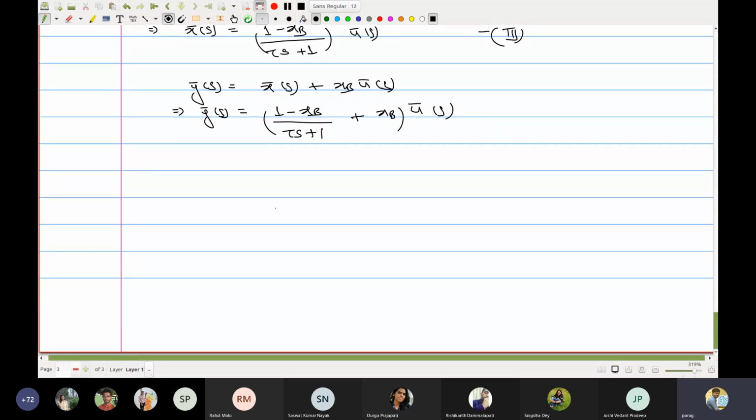So I can write y bar of s by u bar of s as 1 minus xb plus tau xb, what would this be, xb plus xb tau s plus xb, yes correct.